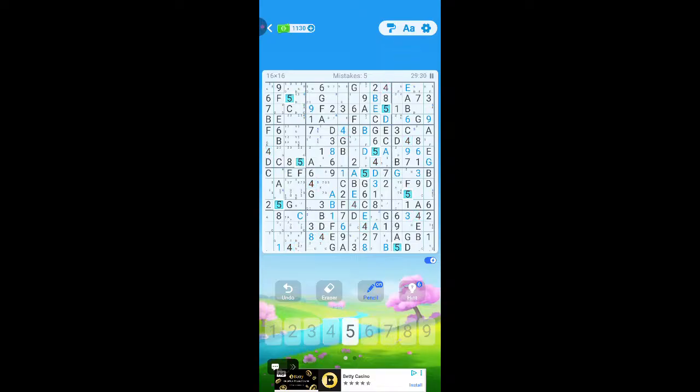Not 3, not 4, not 5, not 6, not 7, not 8, not 9, not 1, not A, not B. It's a C. No, it is a C. For fuck's sakes. I hate you. Fucking mislabeling.